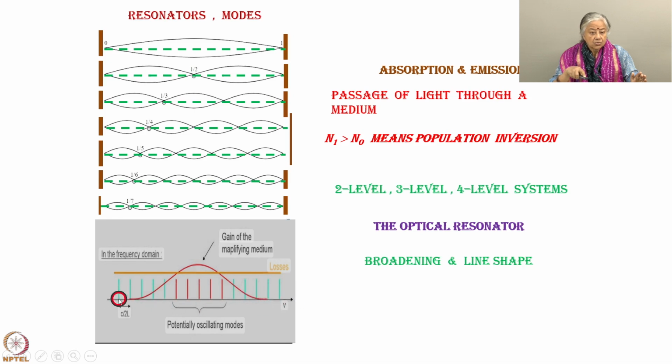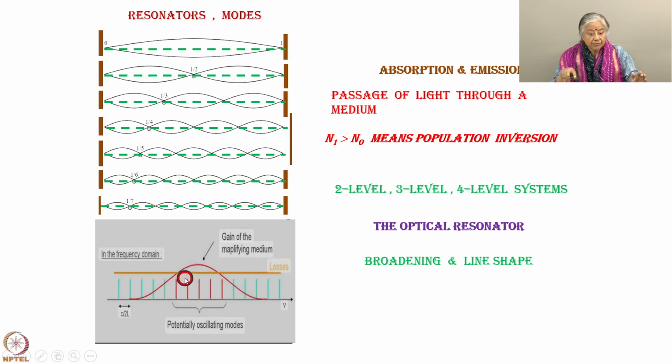So, here the x axis is the frequency line, okay, and this gives you the gain medium. Gain medium means the broadening of the gain profile, okay. So, this is my gain profile in that medium, okay, and these lines are the modes, and they are all separated by equal frequency.